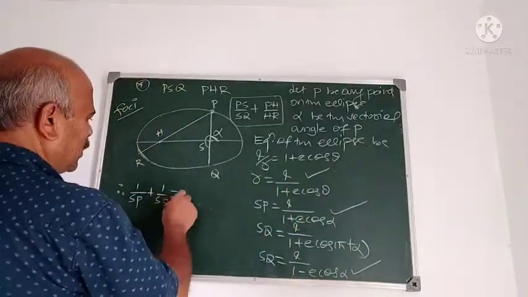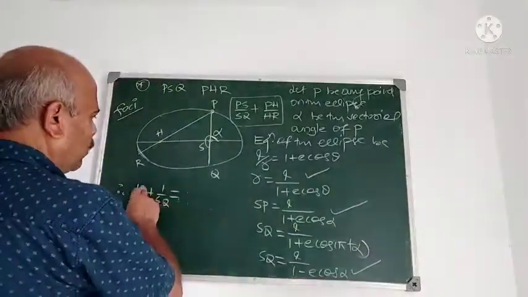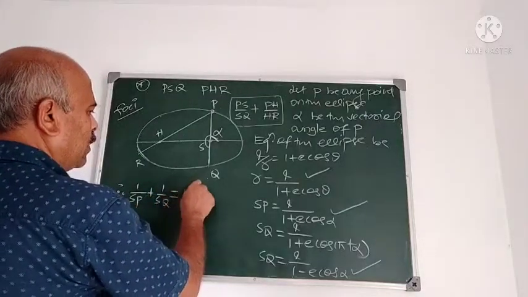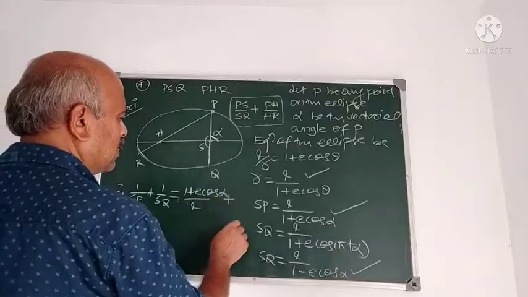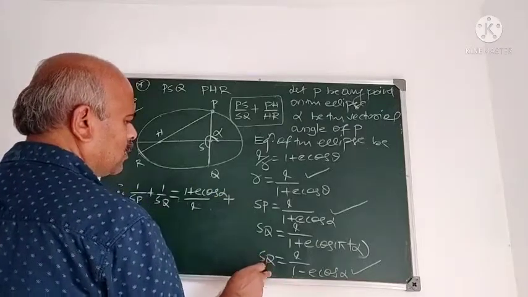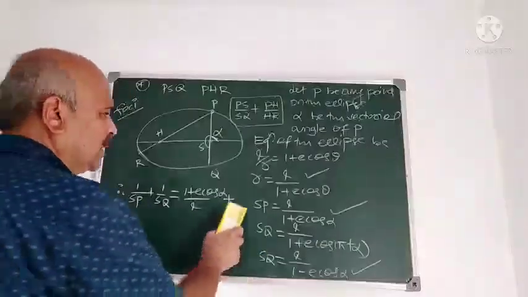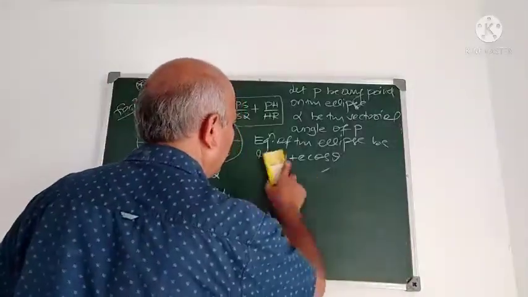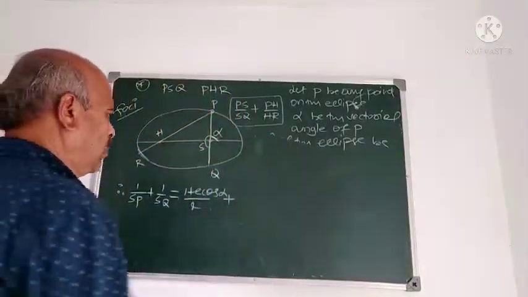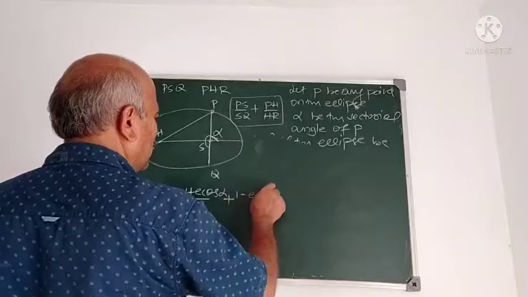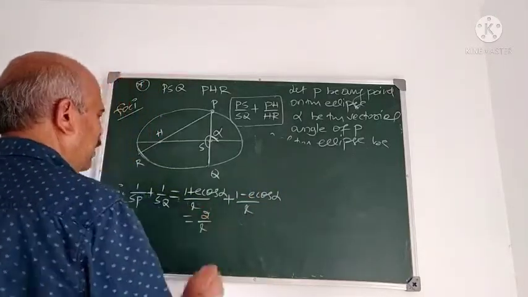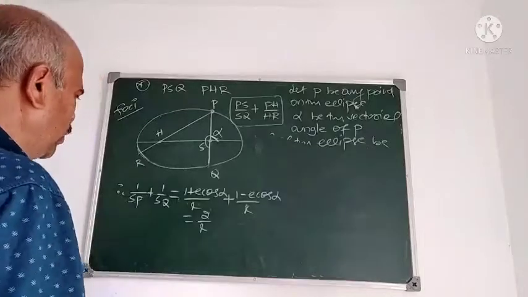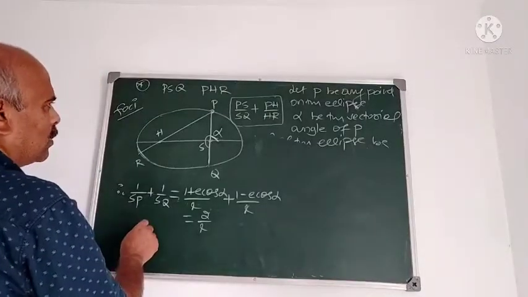We consider 1 upon SP plus 1 upon SQ. 1 upon SP is 1 plus E cos alpha upon L, plus 1 upon SQ is 1 minus E cos alpha upon L. It is therefore 2 by L.